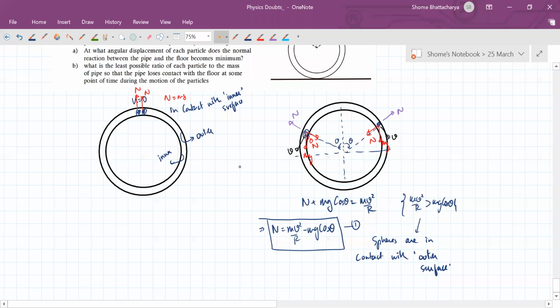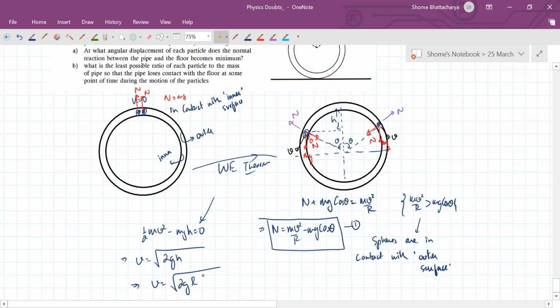Now from here to here, use the work energy theorem. So this becomes our second equation.